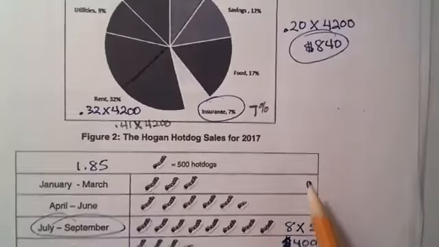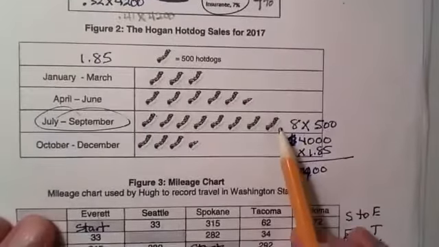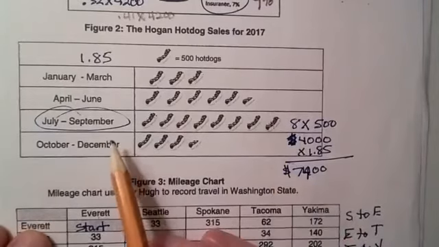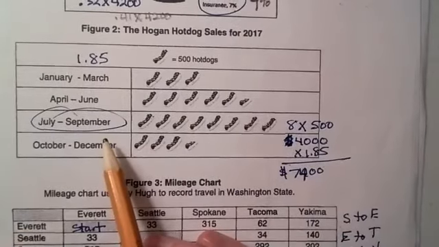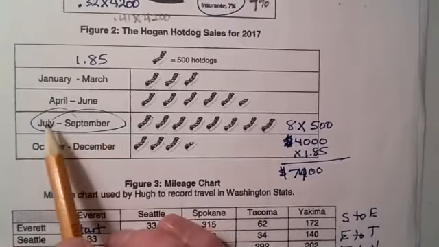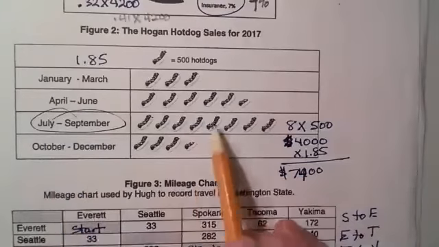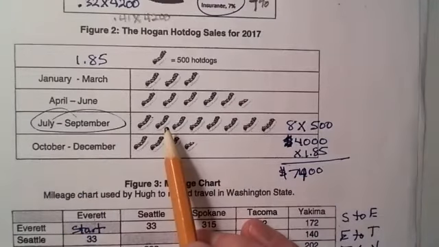Here is my wonderful hot dog chart. They wanted to know how much money they made from July through September.